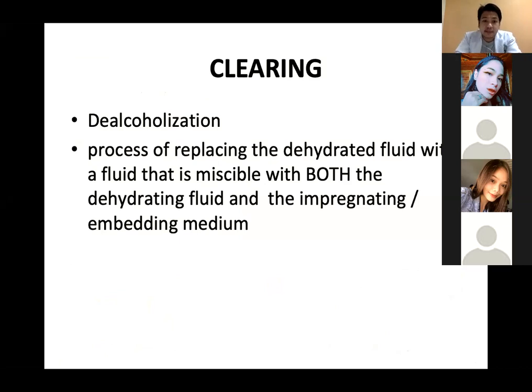So clearing is a process of replacing the dehydrating fluid with a fluid that is miscible with both the dehydrating fluid and the impregnating or embedding medium.